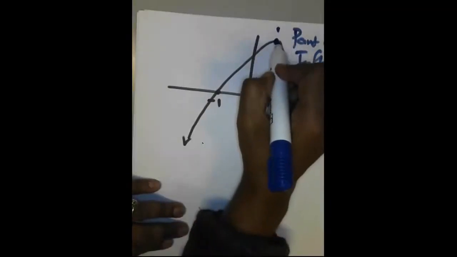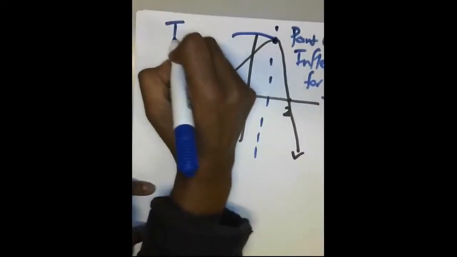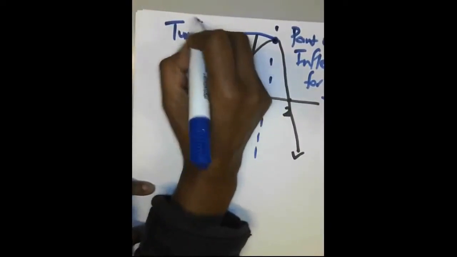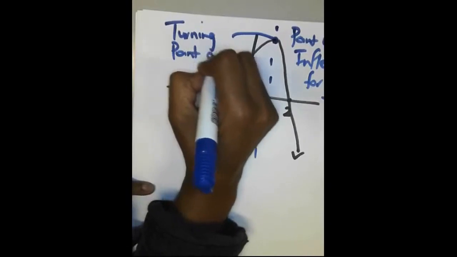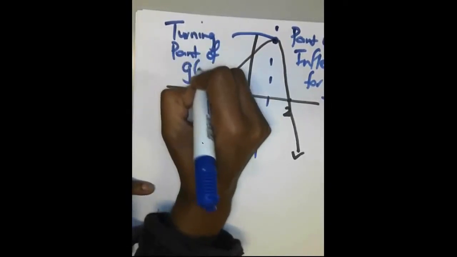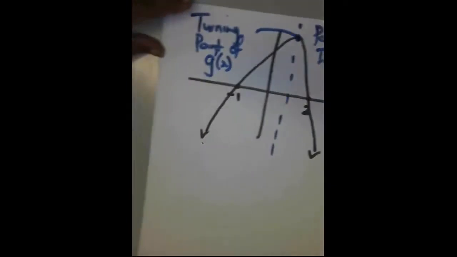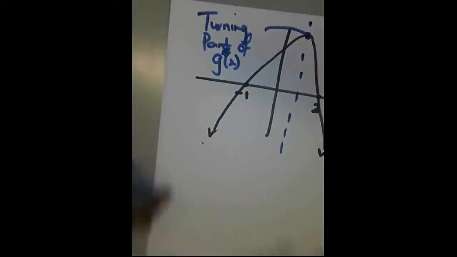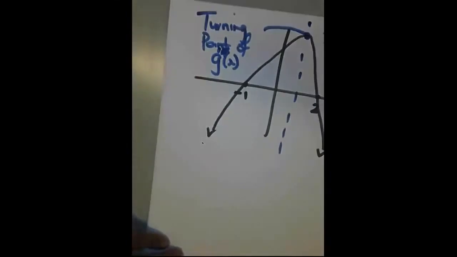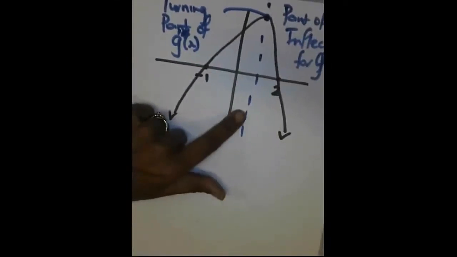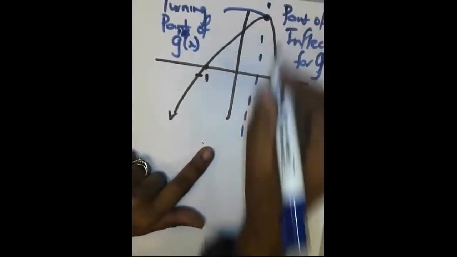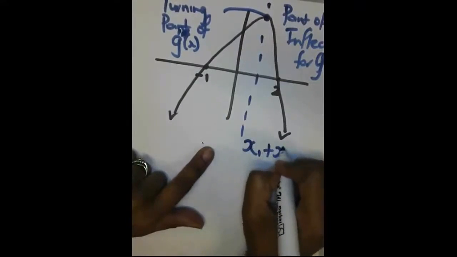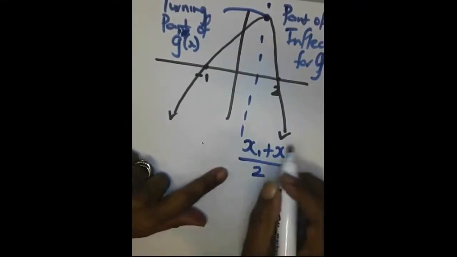But this is also the turning point of g(x), right? So it's the turning point of my original graph. Yeah, the derivative graph. That's right, is the derivative. Now, how can I find this turning point? I'm going to take my roots and I'm going to add them together.